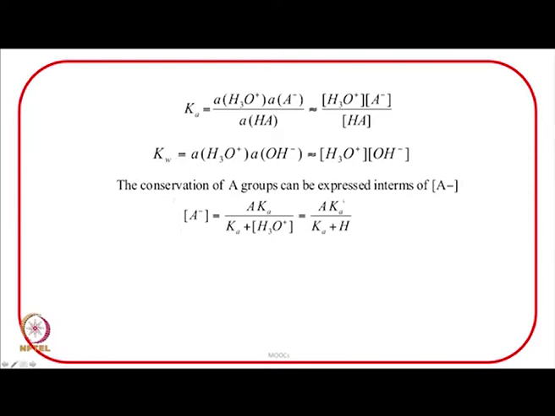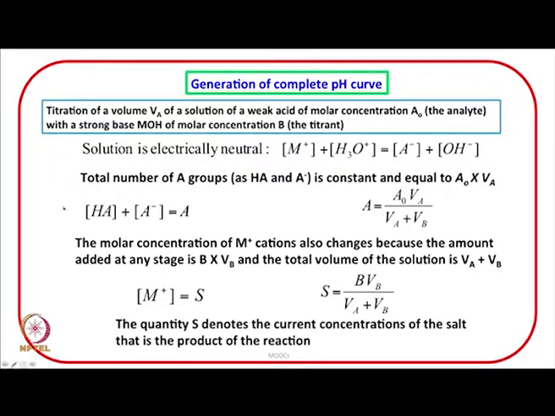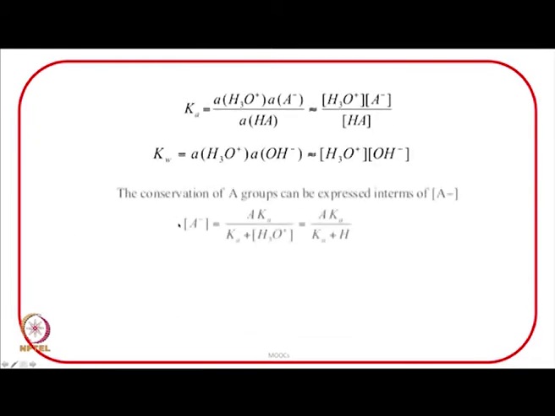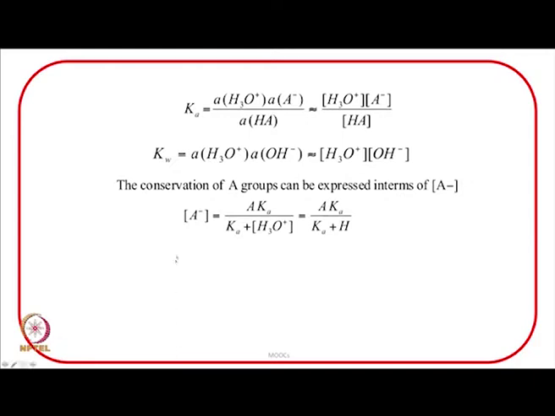and this comes from the conservation of A groups. Remember that if I go to one of the previous slides, I was writing HA plus A minus is equal to A. So by using these equations, I can get an expression for A minus in terms of the acidity constant, and in place of hydronium ion concentration, allow me to write only H. H means the hydronium ion concentration.